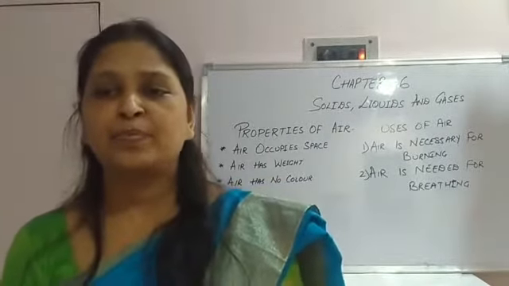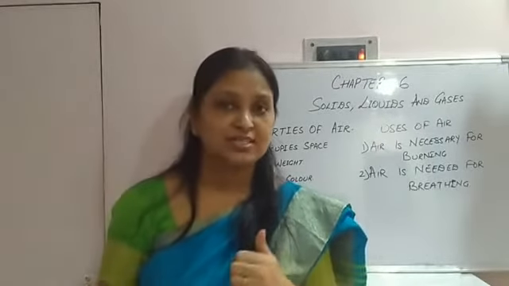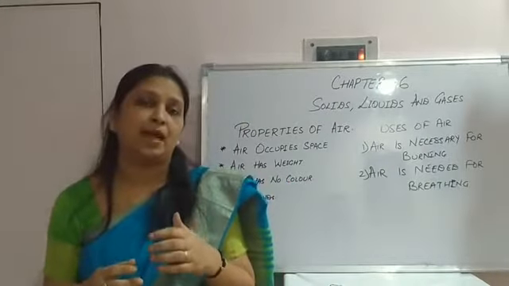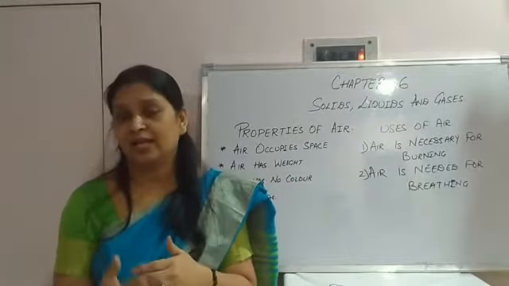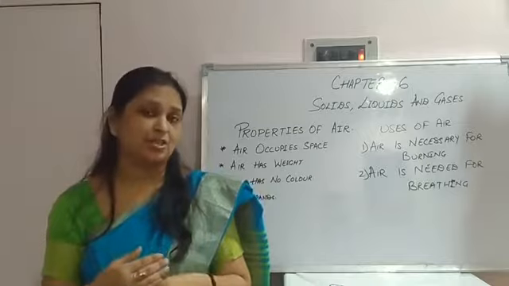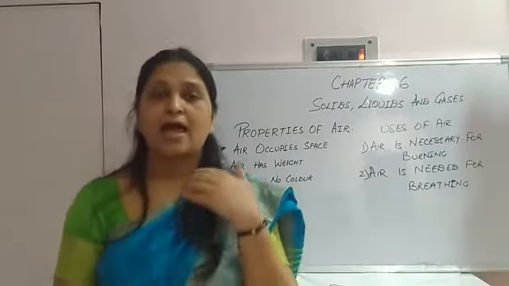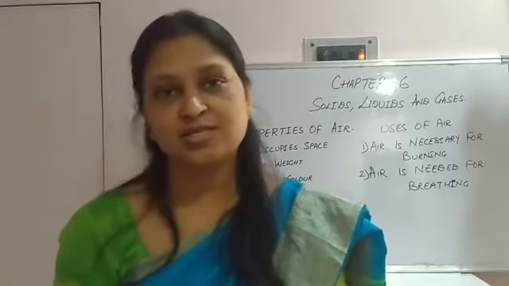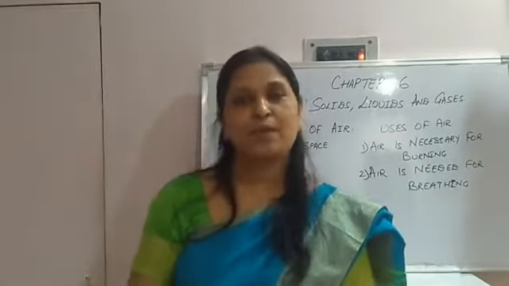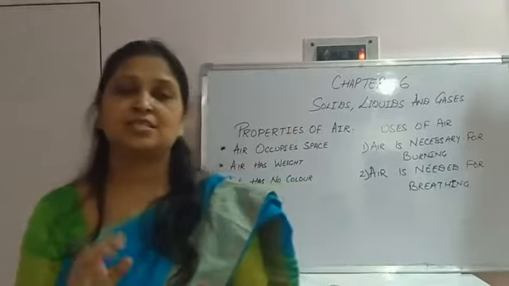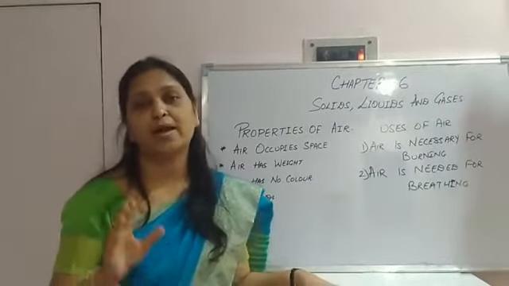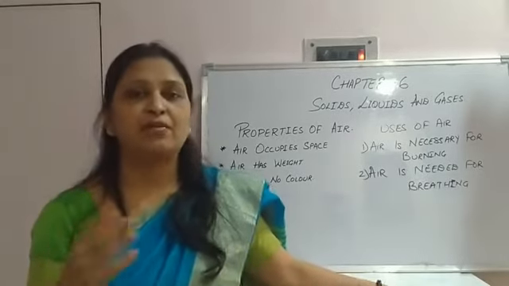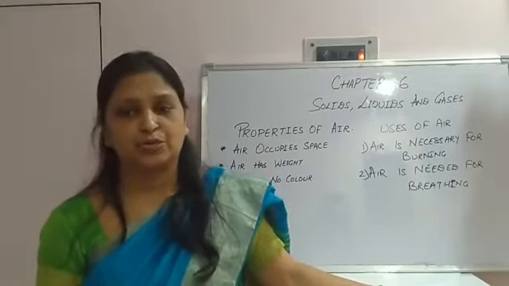Photosynthesis happens with the help of air. Plants also exhale and inhale: they take in the carbon dioxide released by us, and they give out oxygen which is inhaled by us. So photosynthesis is the most important process by which plants prepare food, and when we eat that food, we get the energy.